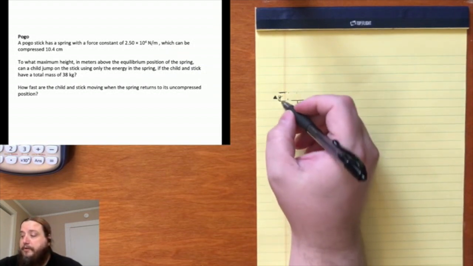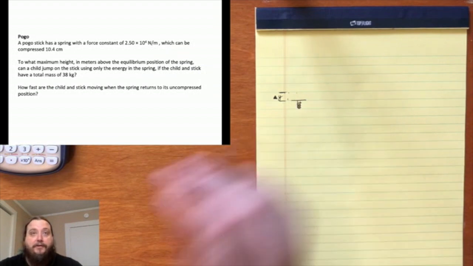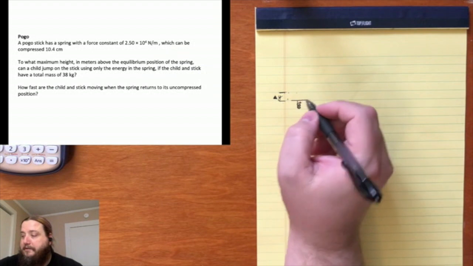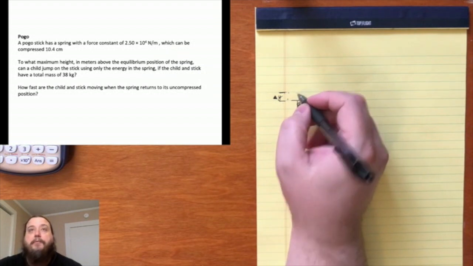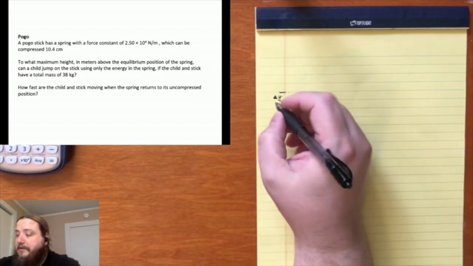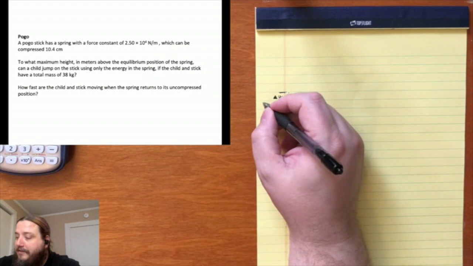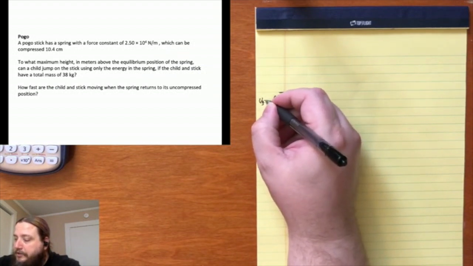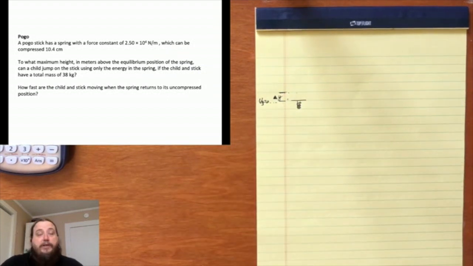Or perhaps we want to define the bottom point here, the compressed point, as the 0 of gravitational potential energy, and then by uncompressing we have gained a little bit of gravitational potential energy. I'm going to guess that it's maybe less confusing to assume that the lowest point is the 0 point of gravitational potential energy. So let's go ahead and just say that here is where we're going to set UG equal to 0. But we could also have done that up here.